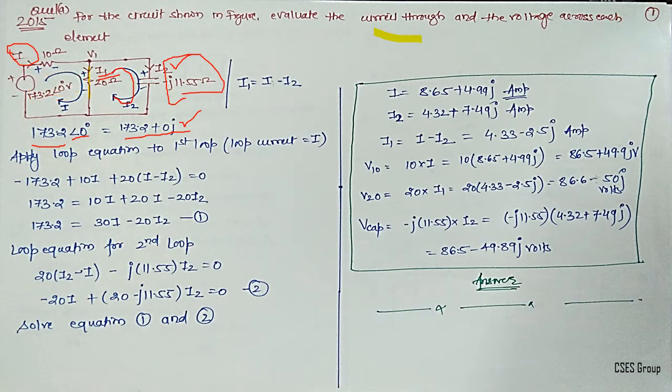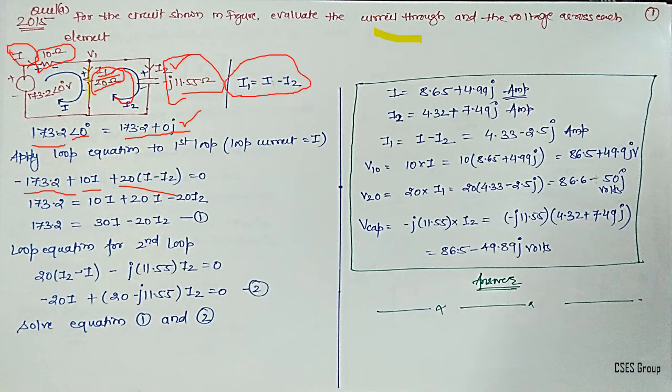The equation is minus 173.2 at an angle 0, or plus j0, plus 10I, that is the voltage across this 10 ohm, plus 20 into I1. I1 can be written as I minus I2.